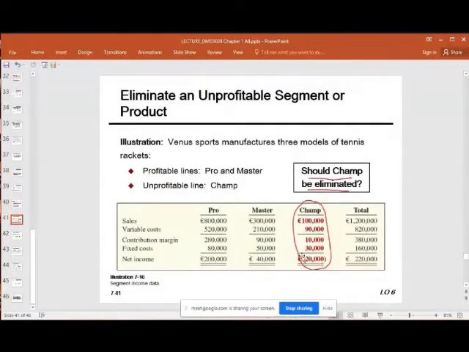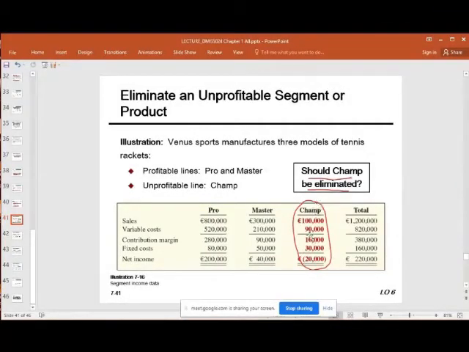If I just look at this income statement, it is negative, so we should eliminate Champ. But you forgot this fixed cost of 30,000. You need to allocate it to someone else. Someone needs to take it. You cannot eliminate it. So let's do the new financial statement.